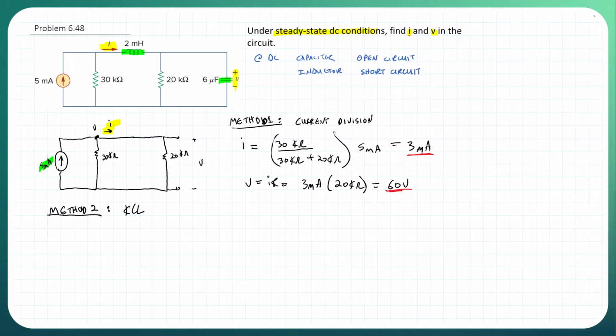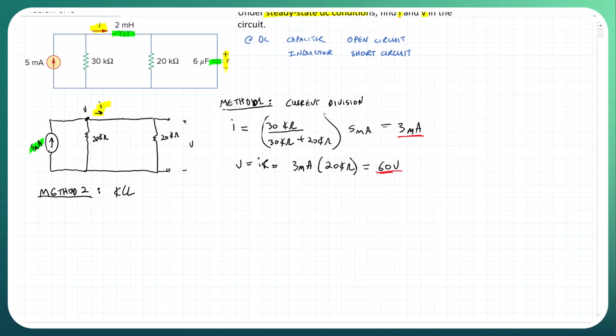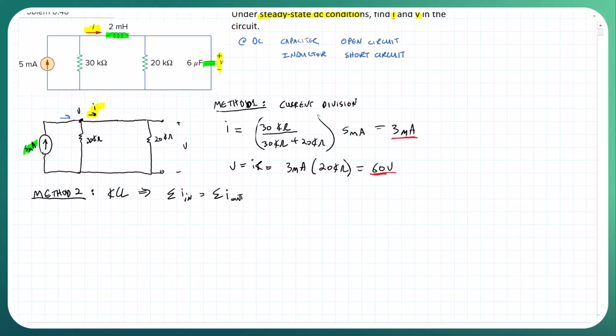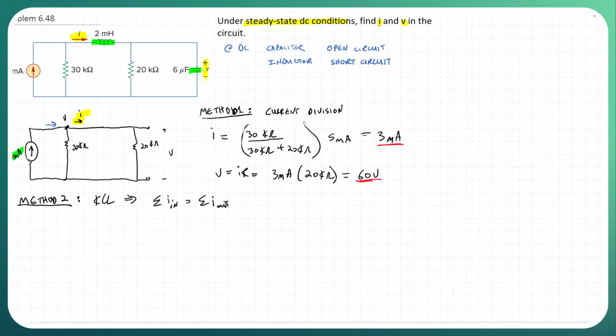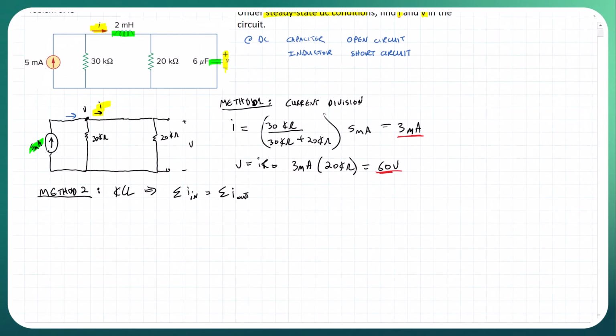And then what KCL states, remember, the sum of the currents going in has to equal the sum of the currents going out. Okay, in this case we have current going in here, current going out there, and current coming potentially out this way.